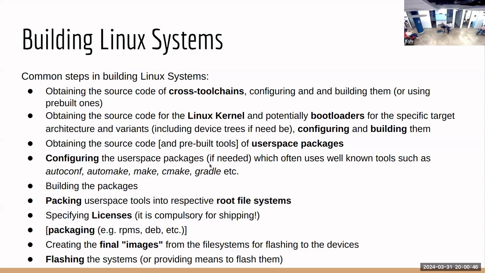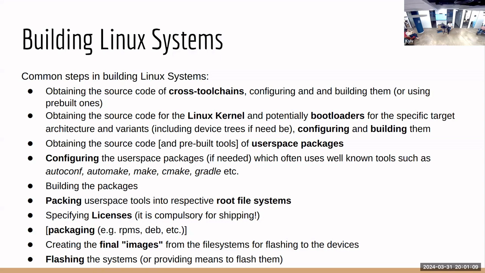Another very important thing that the build system I'm going to present doesn't take care of, but it could, is specifying licenses. Anybody who ever had a device on the market knows that they must provide software licenses. Is that correct or not? Of course it is correct. You absolutely have to do it.